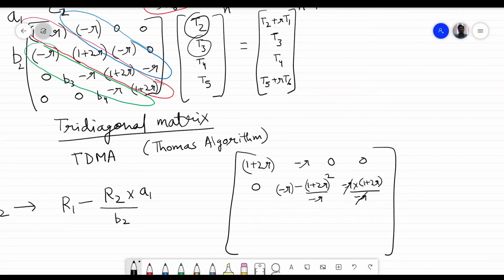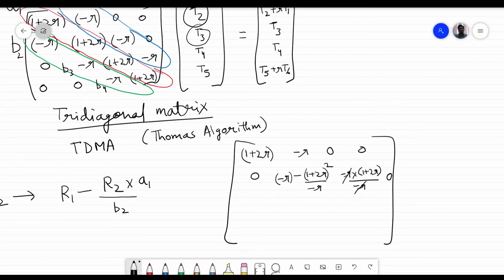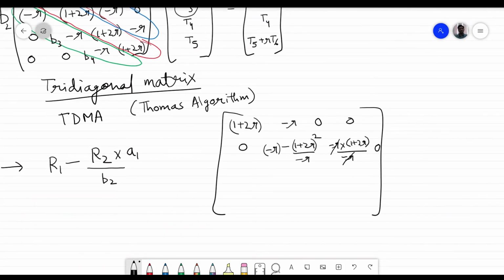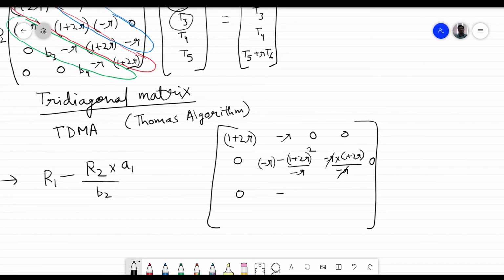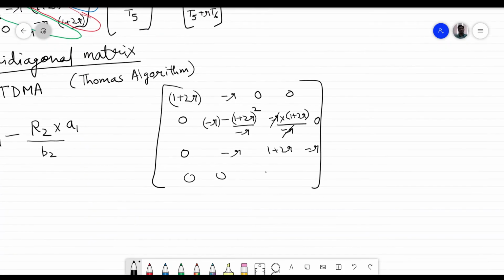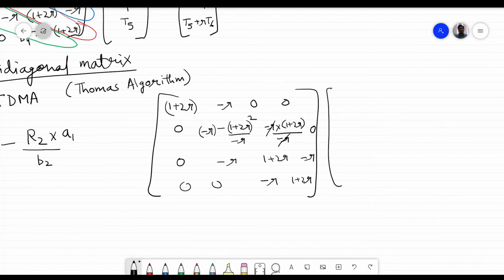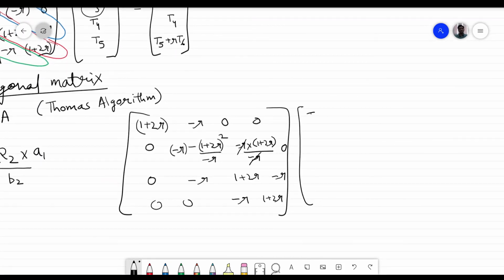So it becomes 1 plus 2r, and the final element is 0. And this one is 0, minus r, 1 plus 2r, minus r, 0, 0, minus r, 1 plus 2r. And here you still have T2, T3, T4 and T5 at the current time step.